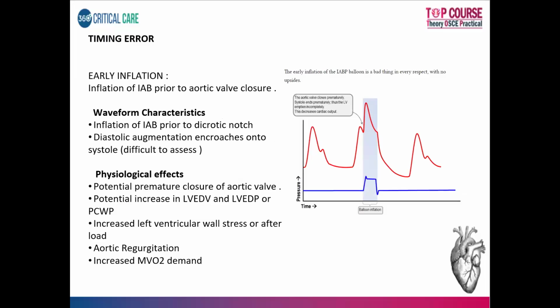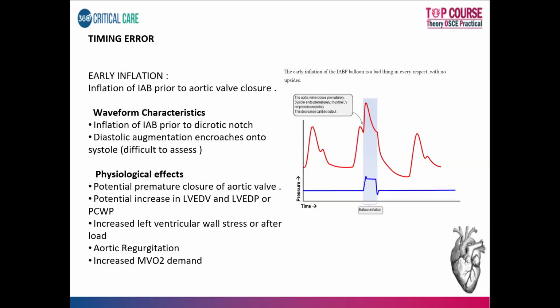Because the aortic valve is not closed, there is a potential increase in the left ventricular end diastolic volume and pressure, which can also cause an increase in the pulmonary capillary wedge pressure. This can increase the oxygen demand in the myocardium. So this is the deleterious effect that can happen because of early inflation.